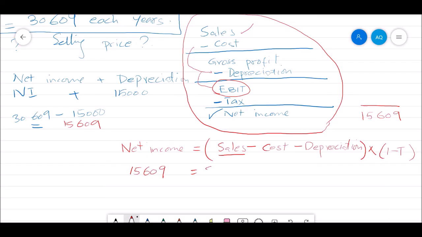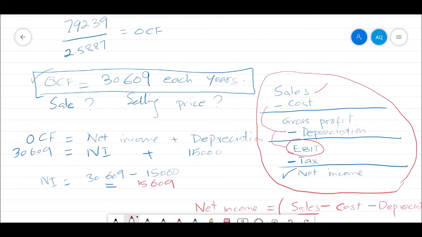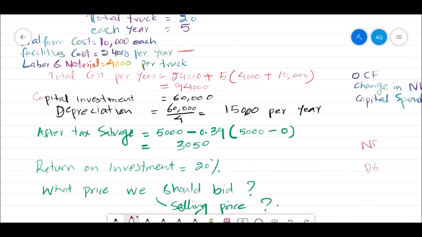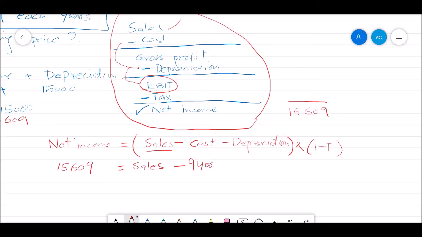What is our sales? We don't know because we are trying to figure out our sales. What is our cost? We calculated our cost per year as 94,000, so put it here, minus depreciation of 15,000 per year, and our tax factor is 1 minus 0.39.